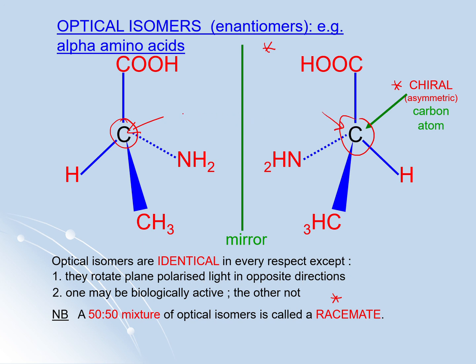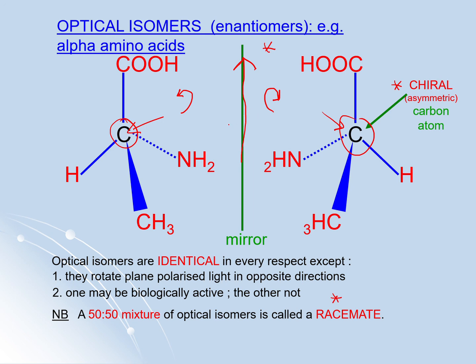Well, I said earlier that they rotate plane polarized light in opposite directions. That is the only thing that separates them. So if I have a 50-50 mixture and I pass plane polarized light through them, they will rotate it in equal but opposite amounts, and therefore the plane polarized light passes straight through.